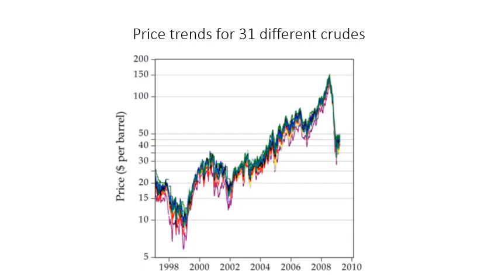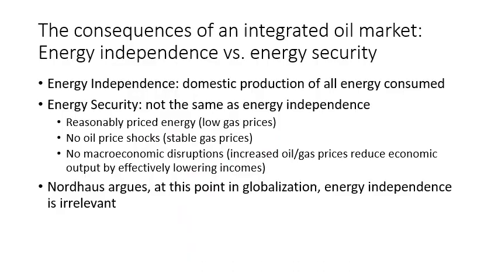But generally, these prices move together. When one moves up, all the rest move up. And vice versa. When one moves down, all the rest move down. So this is a pretty clear picture that the prices of oil around the world are moving together. So there's an integrated oil market. Nordhaus makes the case that the oil market is globally integrated.